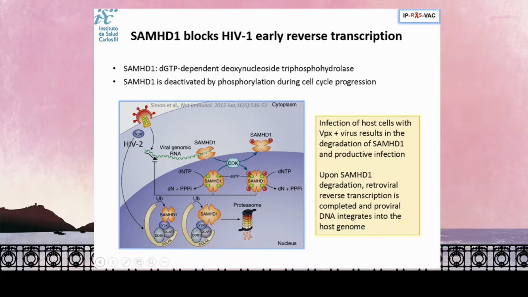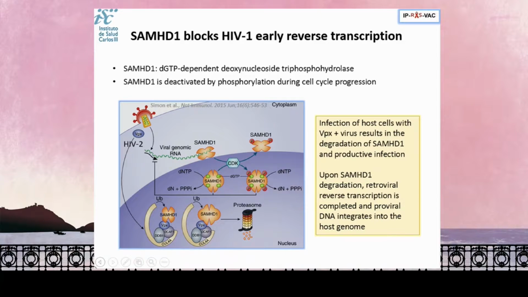SAMHD1 is a triphosphohydrolase that is able to interfere with HIV-1 replication, mostly because it is able to decrease the dNTP pool, and then HIV-1 is not able to efficiently carry out reverse transcription.